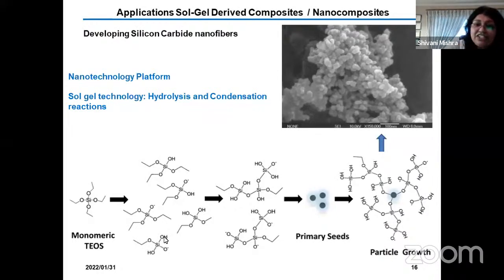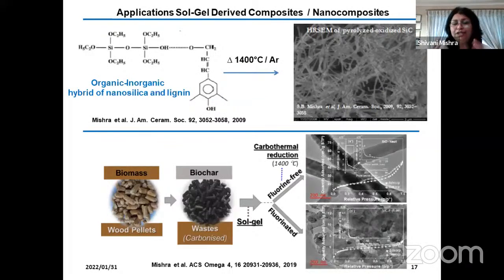And then once the gel is formed, we proceed to incorporate that gel into some kind of material which can give me carbon. So I have a silica and I have a carbon. The silica I'm deriving using sol-gel technology, and carbon I'm deriving from some kind of carbon source. So I used a waste material, the lignin from pulp and paper mill industrial wastewater.